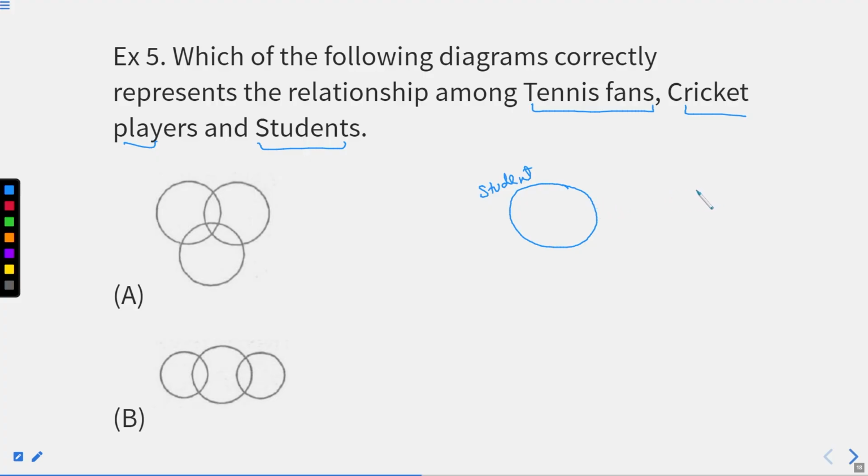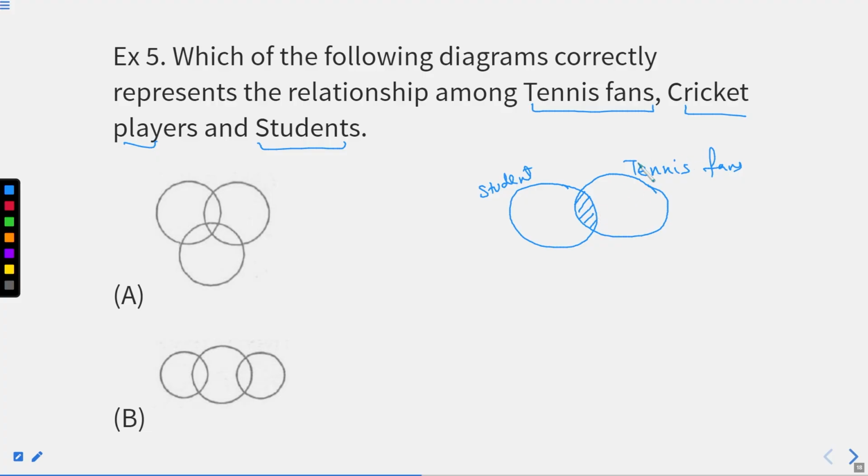There is no point in it that you cannot love, right? So there are some students who are tennis fans as well, but not every student. So I'll use this circle as tennis fans. And this is the common area. They are the people who are students as well as tennis fans, right?